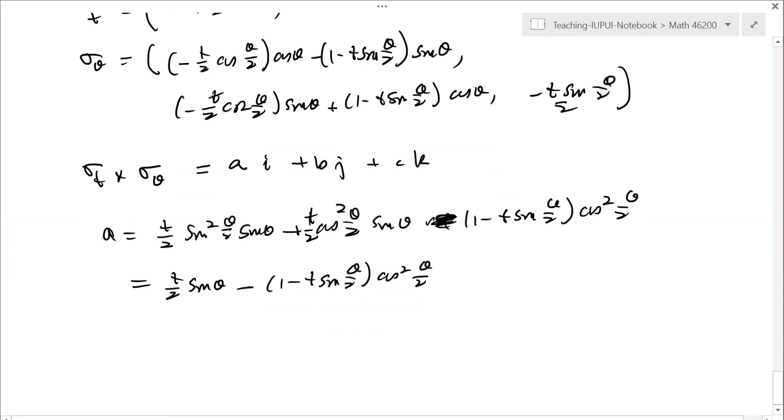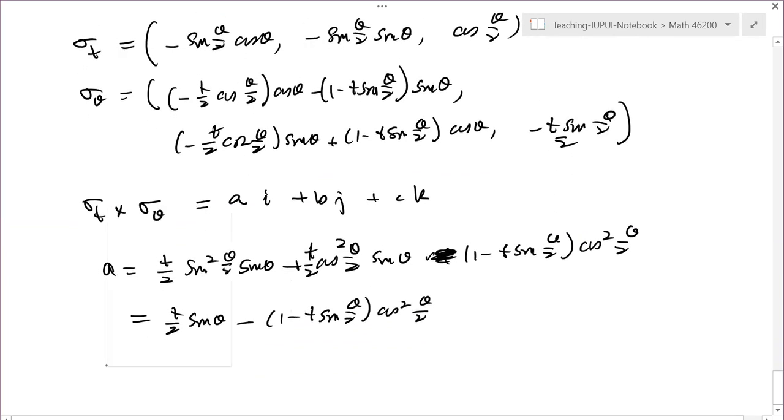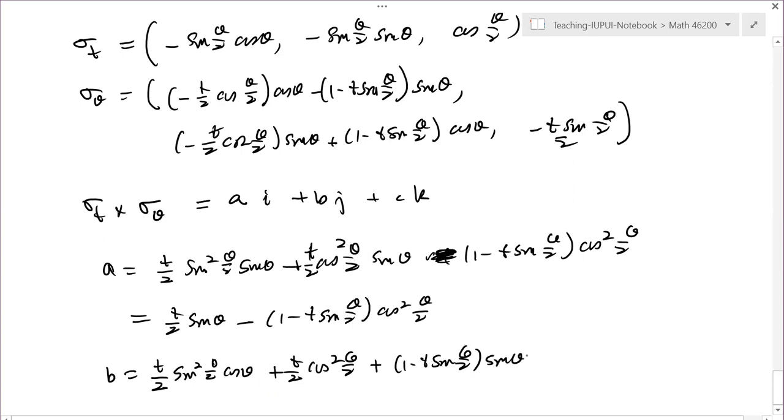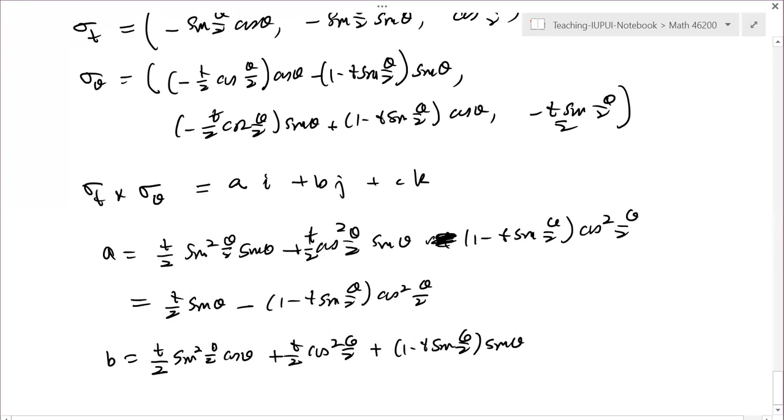And then the B. B is going to be the cross product. Then that will be half of t sine half theta cosine theta. This will be the first term plus half of t cosine half theta and plus 1 minus t sine half of theta sine theta. So this will actually be a negative of all the terms.